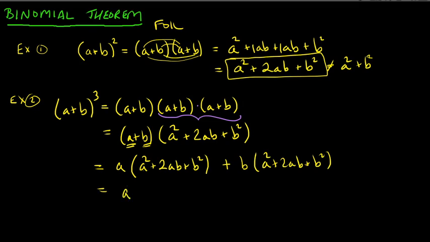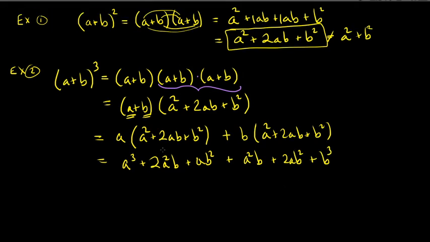You get a times a squared is a cubed. And then a times 2ab is 2a squared b. And then ab squared. Plus, b times a squared is a squared times b, plus 2ab times b is 2ab squared, and then b times b squared is b cubed.